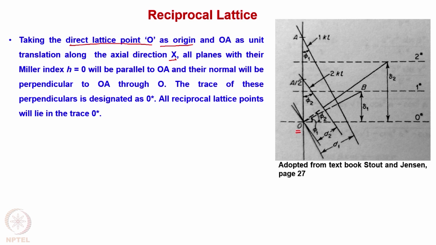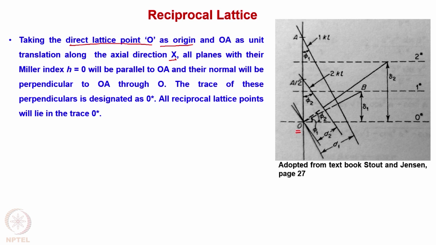That means if you have one axis pointing from me towards you, then any plane parallel to this axis, be it here, or like this, or like that, in any direction, any direct lattice plane parallel to this axis will have its H index 0, because these planes do not meet the axis x.